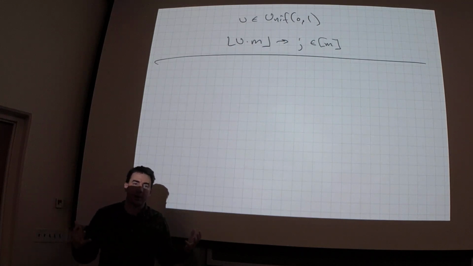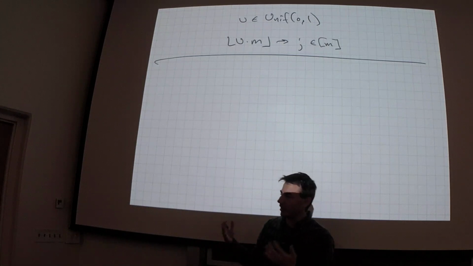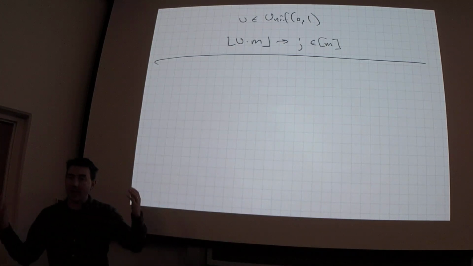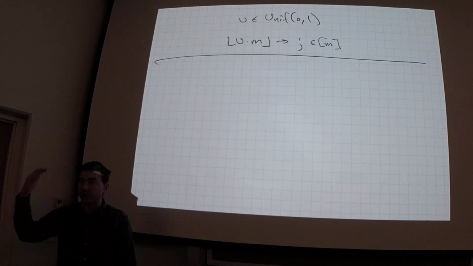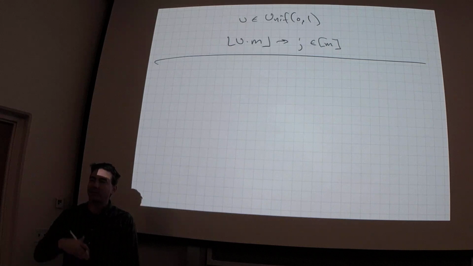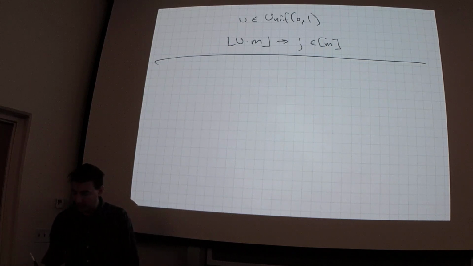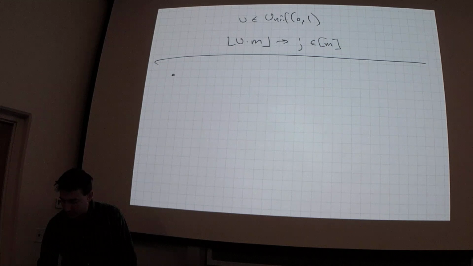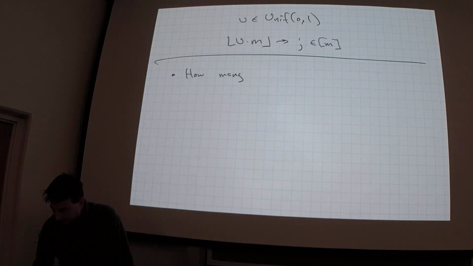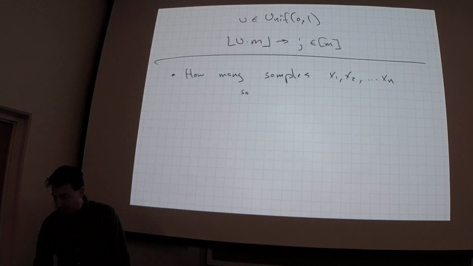Now I want to talk about this process. This will be just to represent some of the phenomena that happen in these random processes, and I want to ask a couple of questions about what happens if we keep generating these random values in this domain. The first question is: how many samples x1, x2, up to xn until any two xi equals xj?